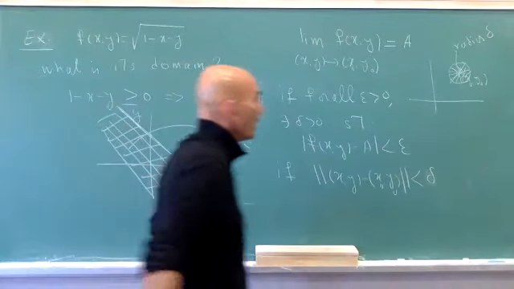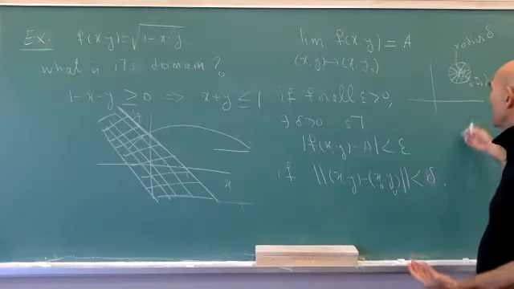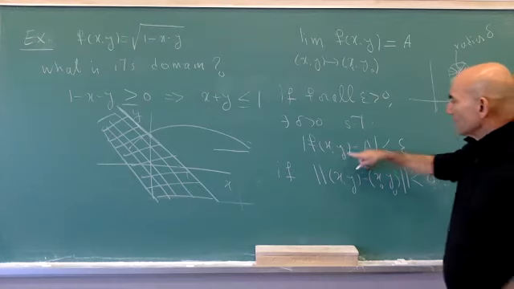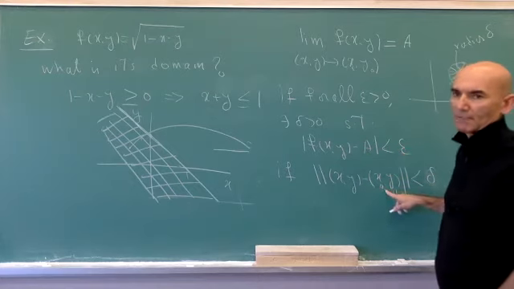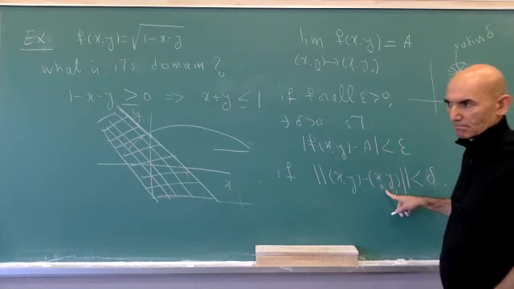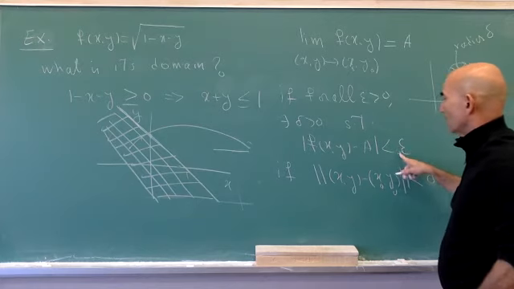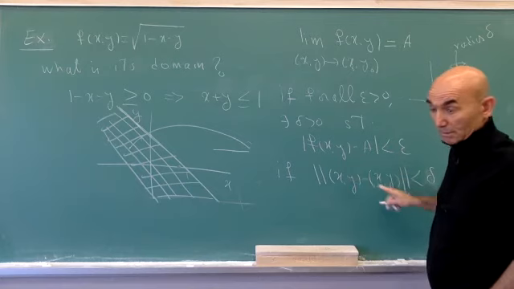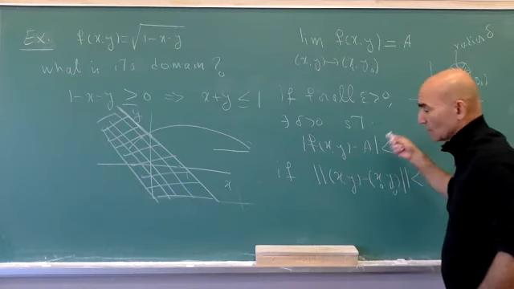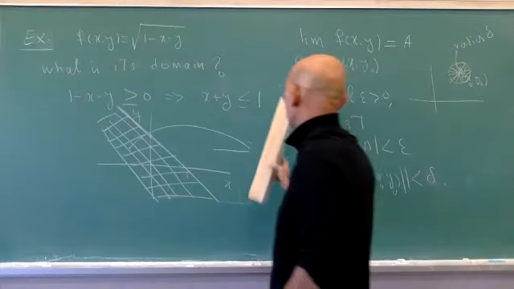So you see, this definition is conceptually involved, but what does it say? It says that you can make this value small enough if you get close enough to (x0, y0). How close? Well, it depends on epsilon. If you want to make it less than 1/1000, you have to get perhaps closer. So delta has to be much smaller, and so on. So that's the idea of limit.